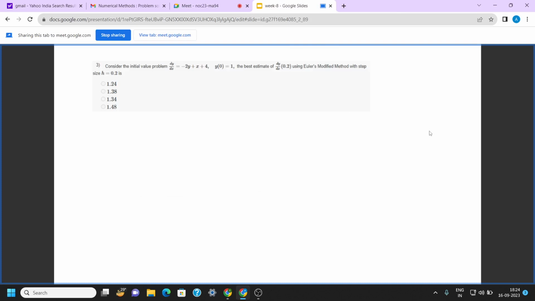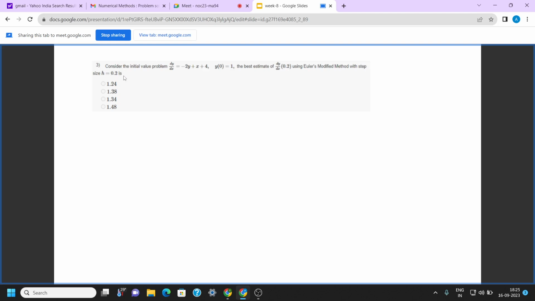So question number 3 is, consider the initial value problem dy by dx is equal to minus 2y plus x plus 4. Okay. So this is the IVP where y of 0 is 1. So you have to calculate the best estimate of y at 0.2 using Euler's modified method with step size h equal to 0.2.